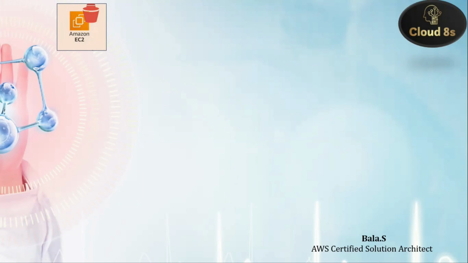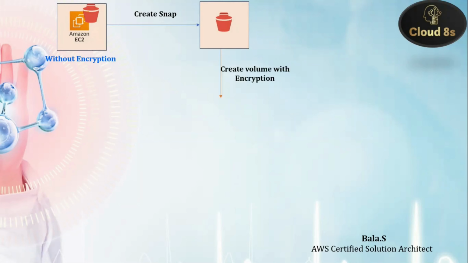So if we need to encrypt that existing unencrypted volume, we need to create a snapshot using that volume. When we create a snapshot, it takes a snapshot of that data disk. Then using the snapshot, we can create a volume with encryption. At the time of creating a volume with encryption, we need to select the KMS key.